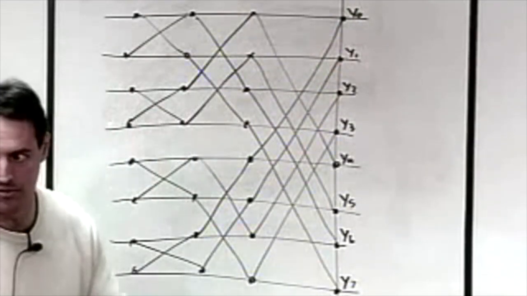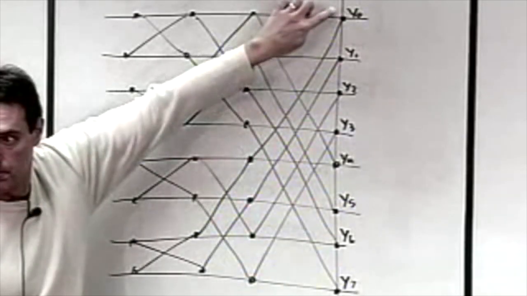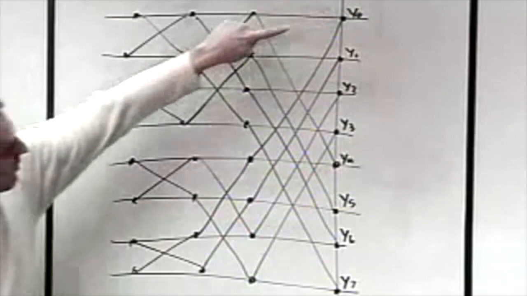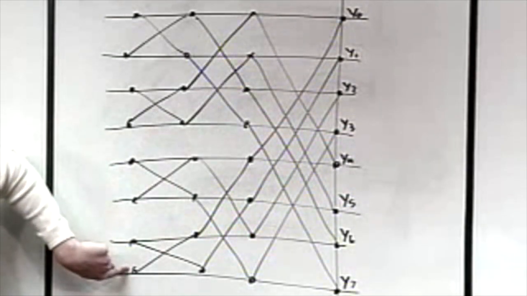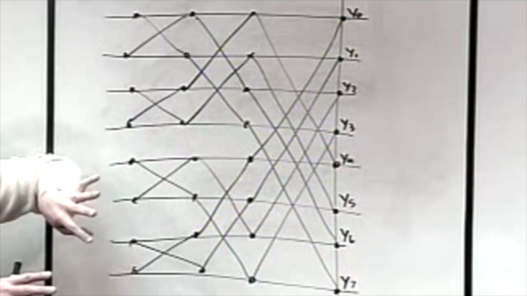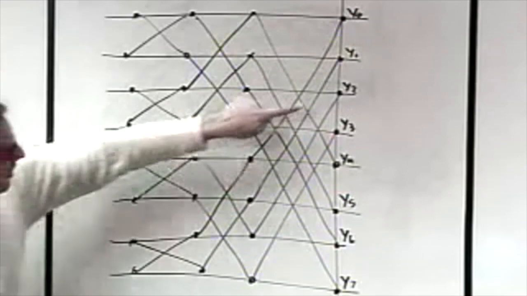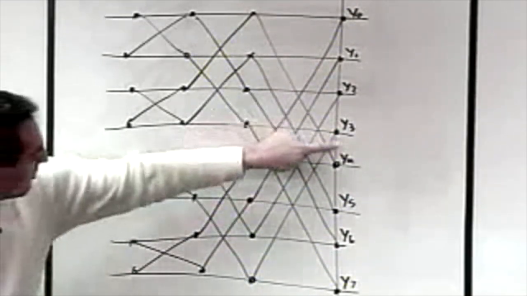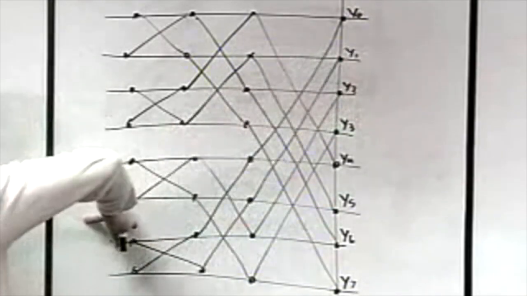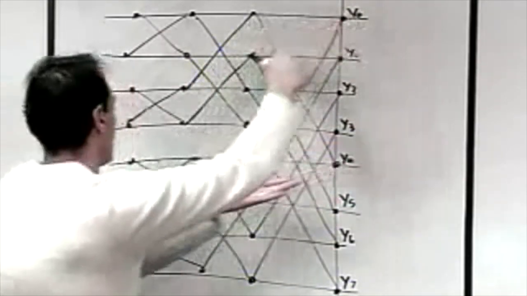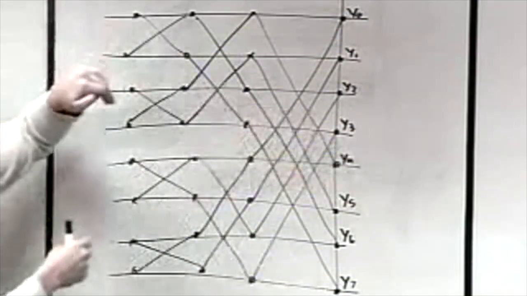I just want to do this illustration. Where does y naught end up? Follow this path over here. When you break it down to these even odd problems, this point ends up here, this point ends up here, this point ends up here, this point ends up here. What happened to this whole thing? It got switched over like this. This whole piece flipped over here, and this whole piece flipped over there.